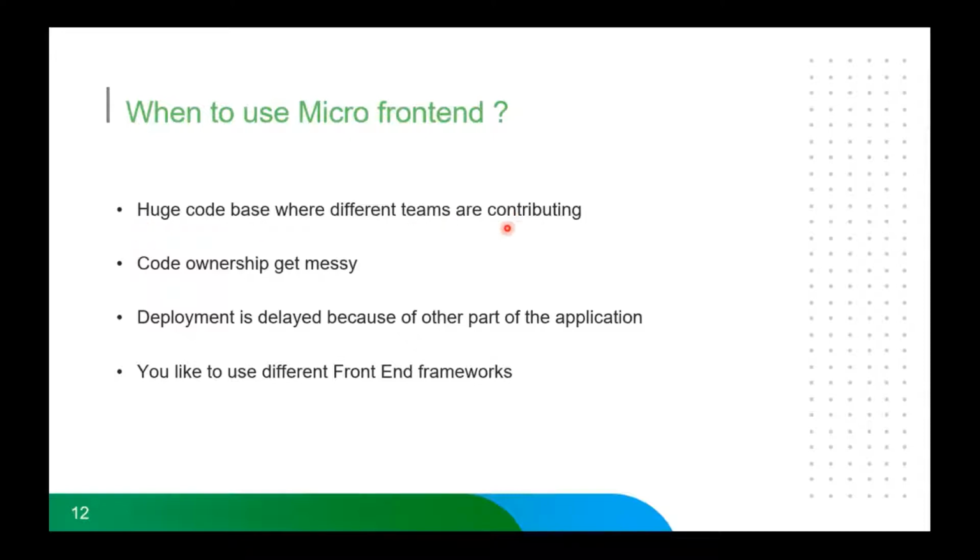Other than that, you will find the code getting messy. The reason is obvious: when more than one person works on the same thing, and everyone has their own thought process, things may get messy.